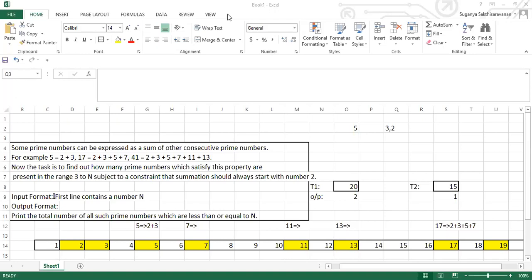Guys, this one is very simple, like prime number logic. Two prime numbers, and moreover, the summation should be a prime number. Sum it and check the sum for a prime number.